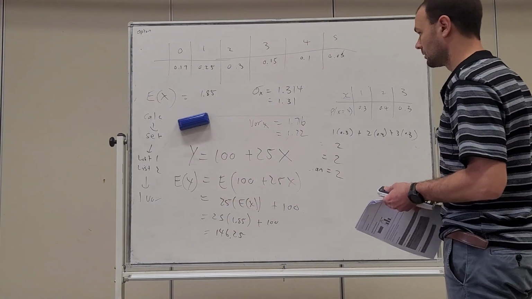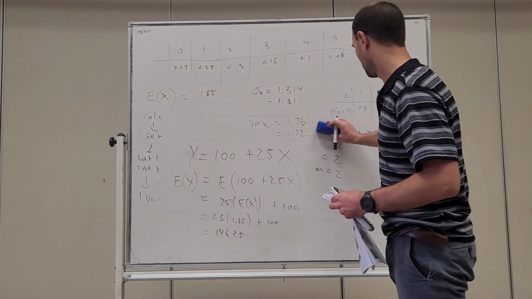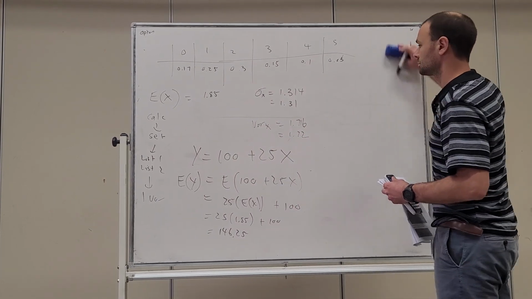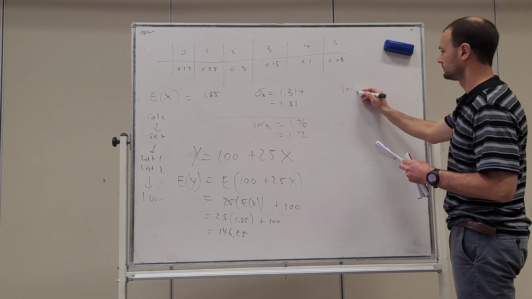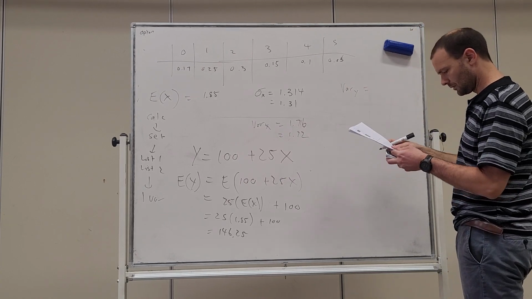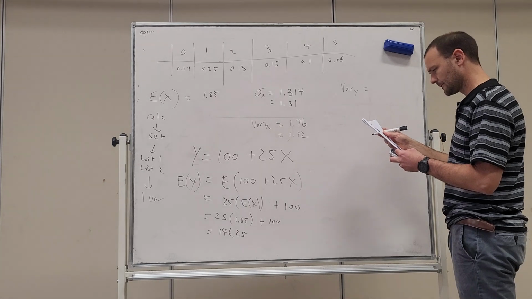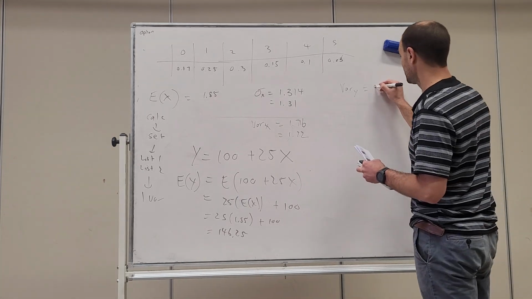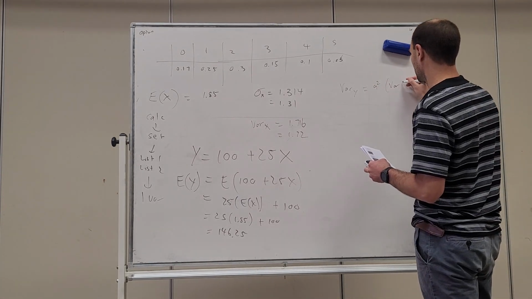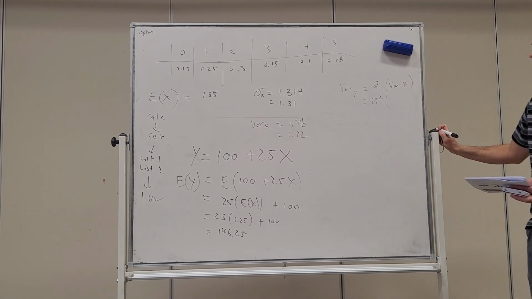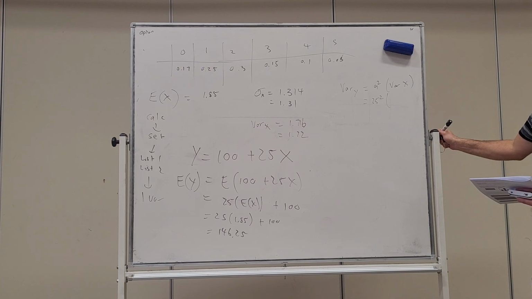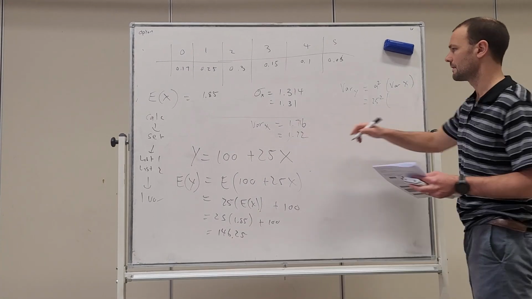So I'll just clear this off. Variance of Y is a squared times the variance of X. So 25 squared times 1.72.